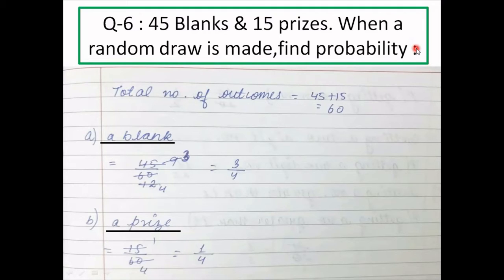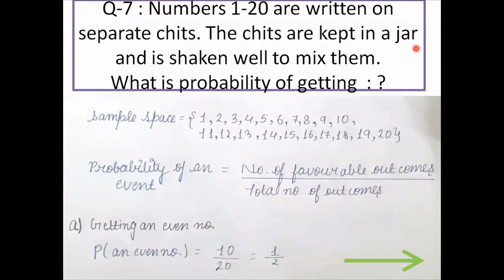Now let's move to question number 7. Question number 7 says numbers from 1 to 20 are written on separate sheets. The sheets are kept in a jar and the jar is shaken well to mix the sheets. A sheet is chosen from the jar, so you have to tell what is the probability of getting the following.